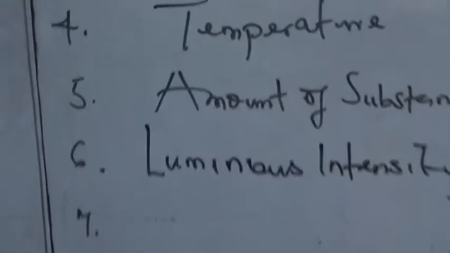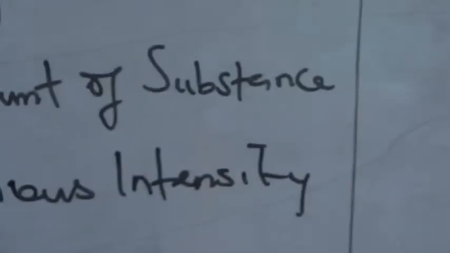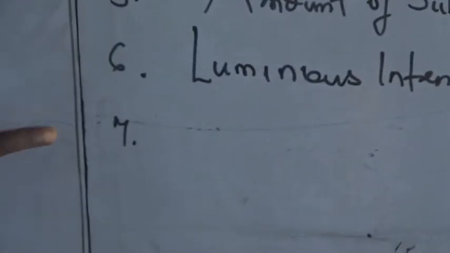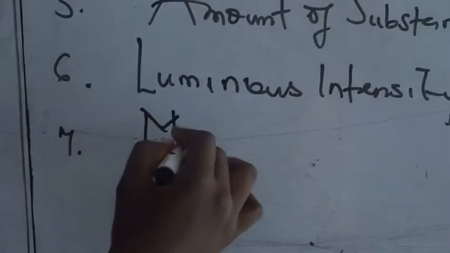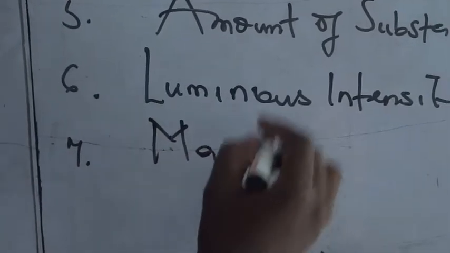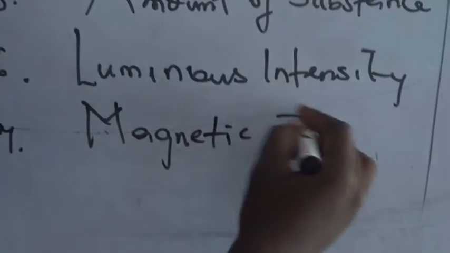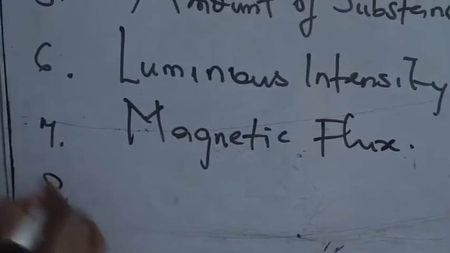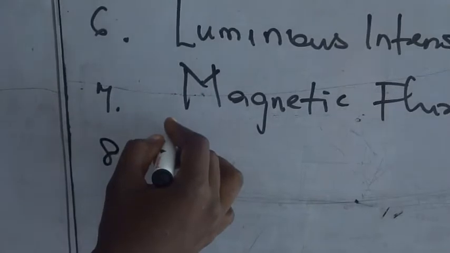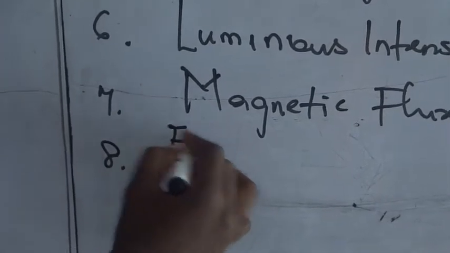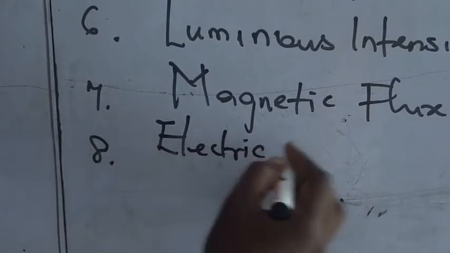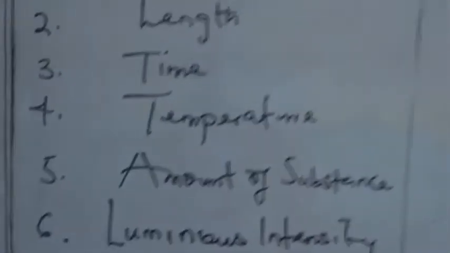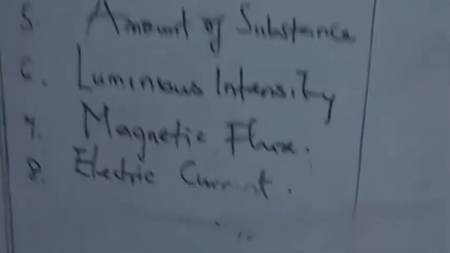We also have, I have one, two, three, four, five, six, we have magnetic flux, and we have eight as what? Electric current.